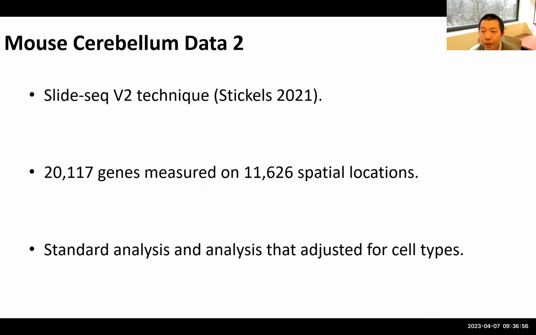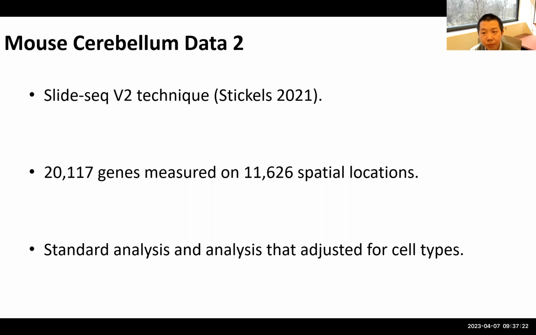At that time, one hypothesis we had was that many of the genes that show spatial expression patterns are potentially cell type marker genes. We all know that cell types tend to show a different distribution on the tissue. Therefore, if genes are cell type marker genes, then they are going to label those cell types. So they are going to show spatial expression patterns simply because the cell types show a spatial distribution.